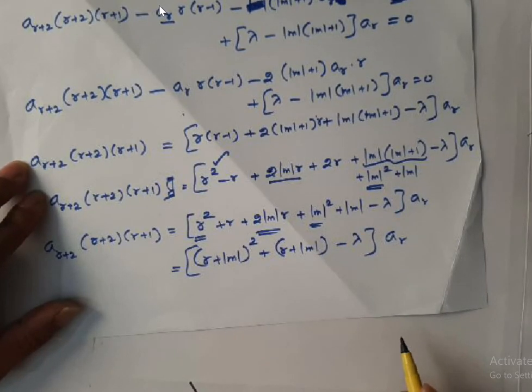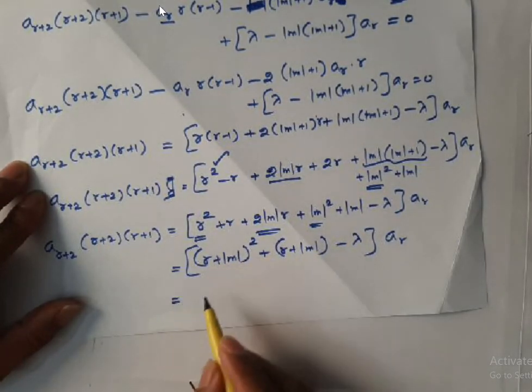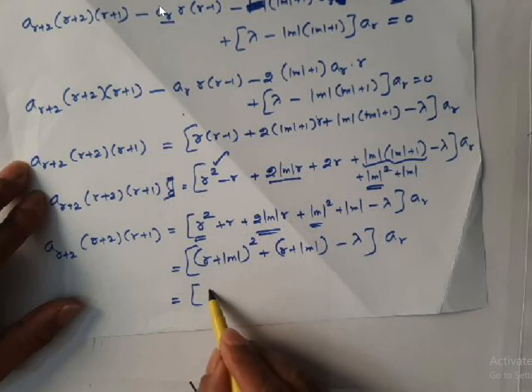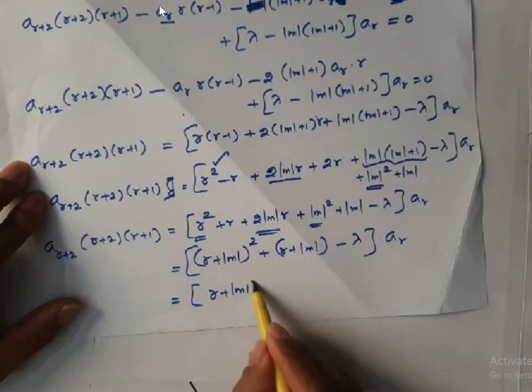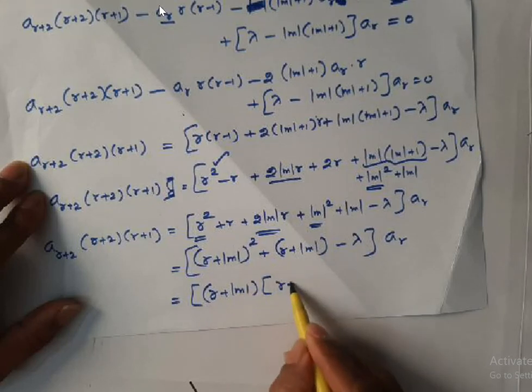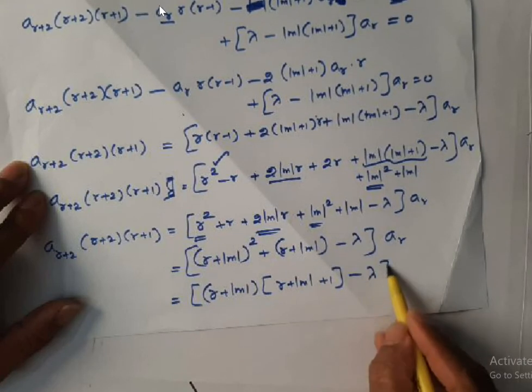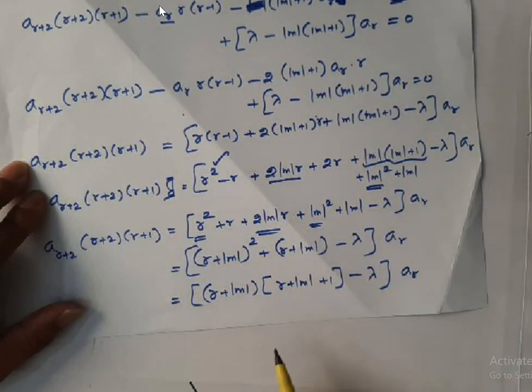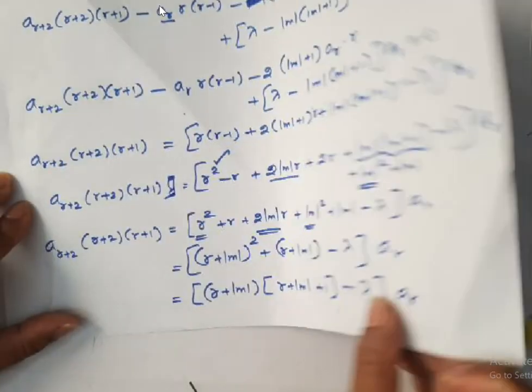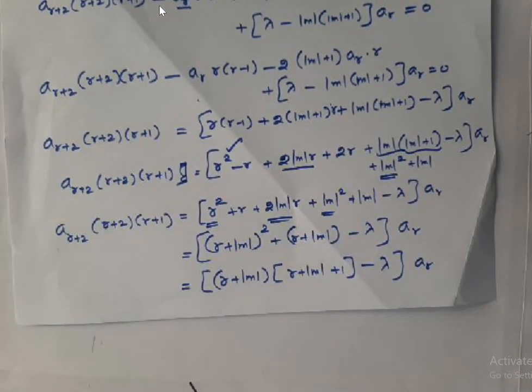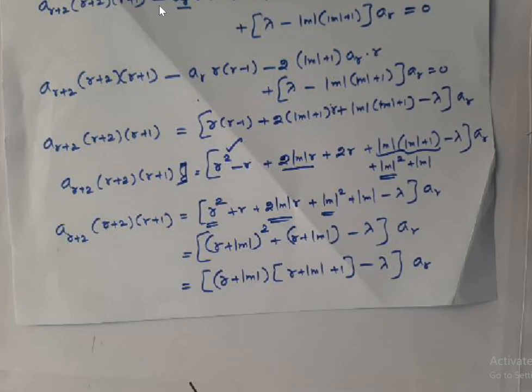Or if I take r plus magnitude of m as common, I'll get r plus m term and plus 1, then minus lambda into ar. Alright, we have just 2 more steps.